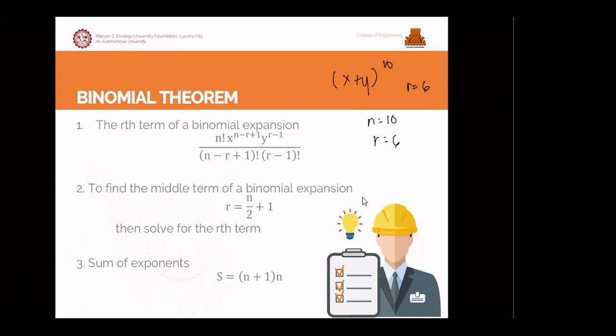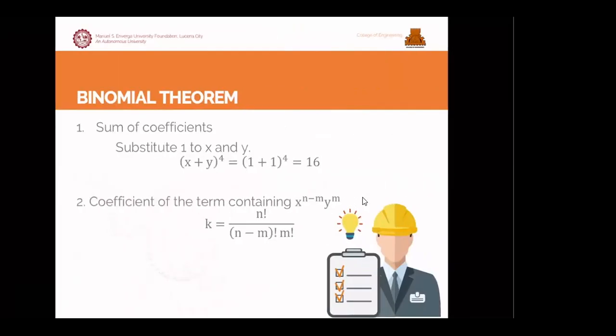And to find the middle term of a binomial expansion, so gamitin lang daw natin yung formula na to para makuha natin yung r term na middle nung expansion natin. And then yung sum ng exponents natin is equals to n plus 1 times n. Okay? So ibig sabihin lahat ng exponent natin pag sinama, yun daw yung formula. So let's apply. Ito pa pala, may isang equation. Sum of coefficient, so we just substitute 1 dun sa variable, then raise natin dun sa exponent is equals to a number.